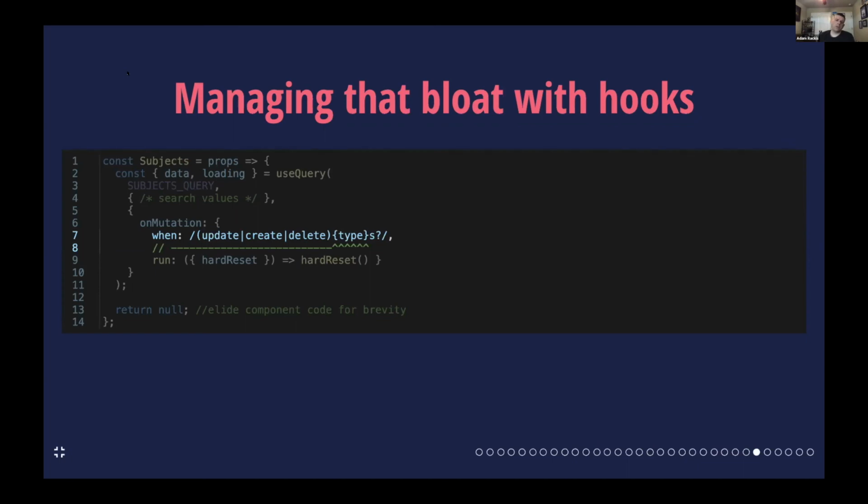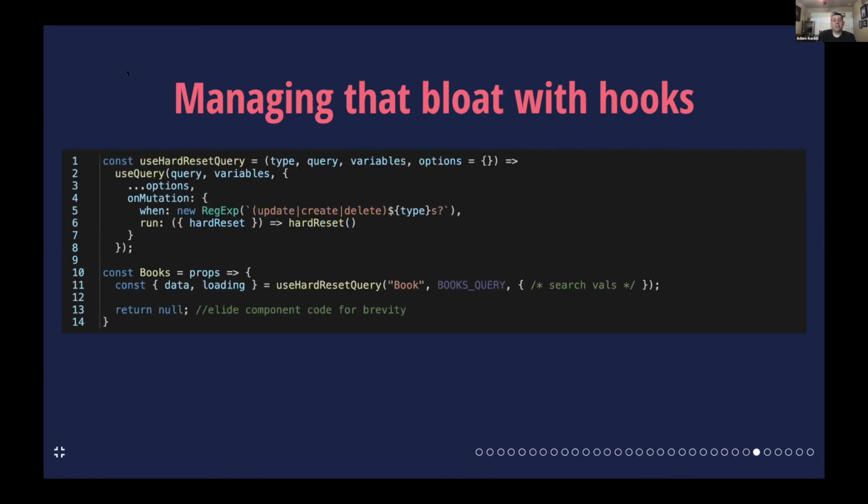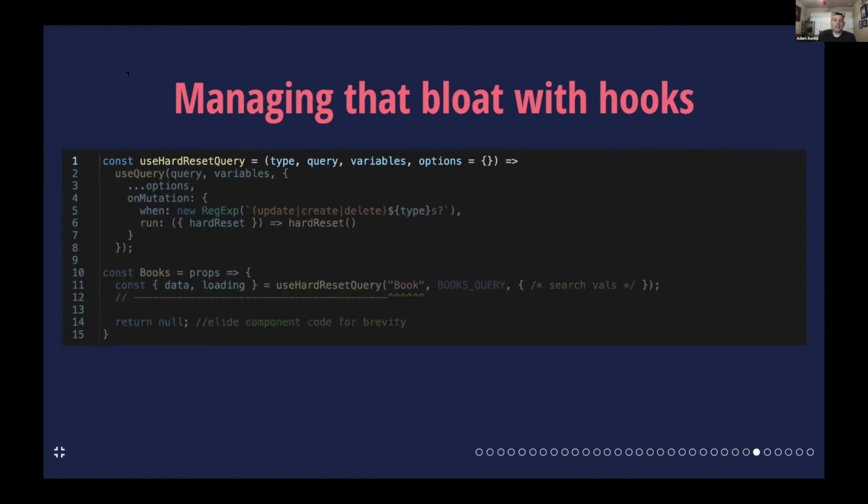What if we just sort of parameterized this hook based on that type? And hooks makes that really easy. We can just make a hard reset hook that takes in the type and also the rest of the variables that our query hook wants. And it will, as I said, inject that type into the regular expression for us and then call hard reset.